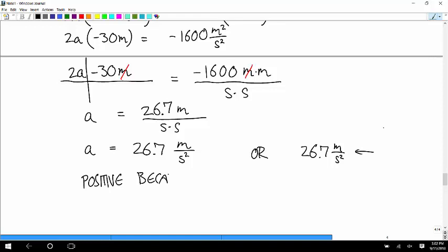So it has to be positive because it's slowing down. And the velocity was negative.